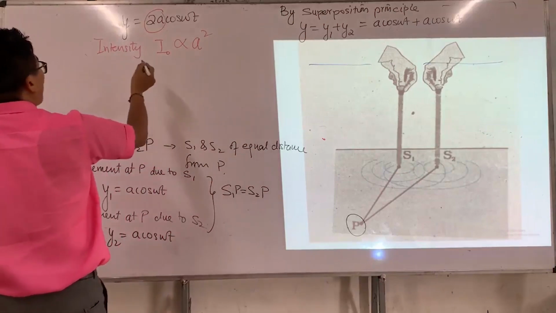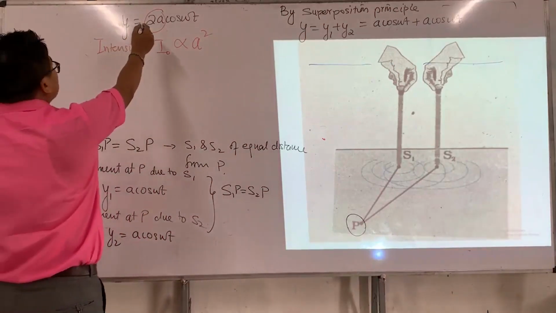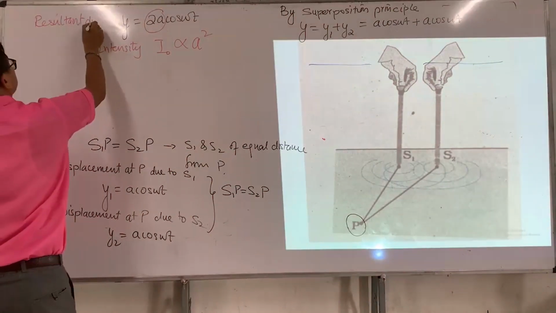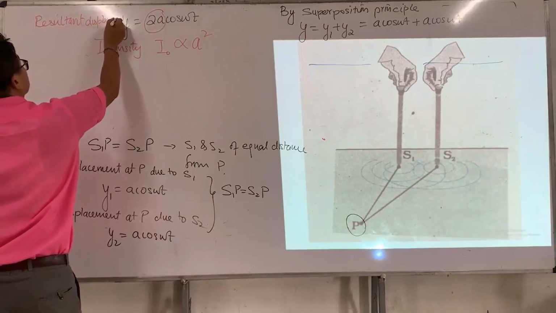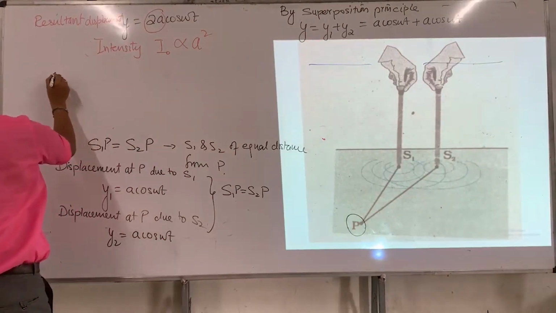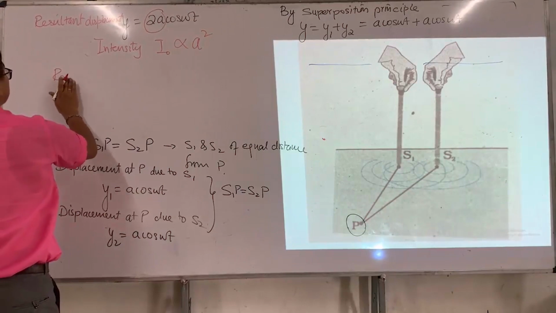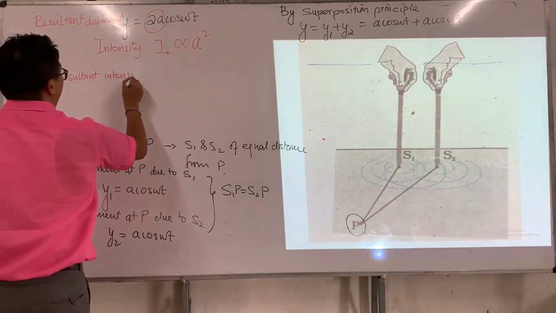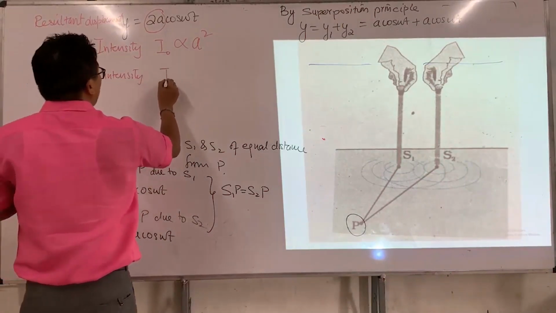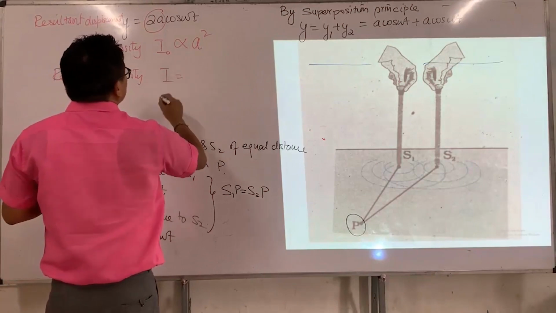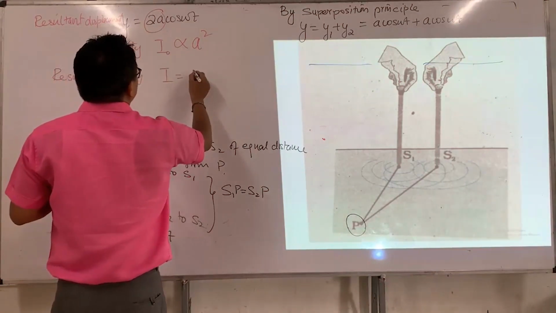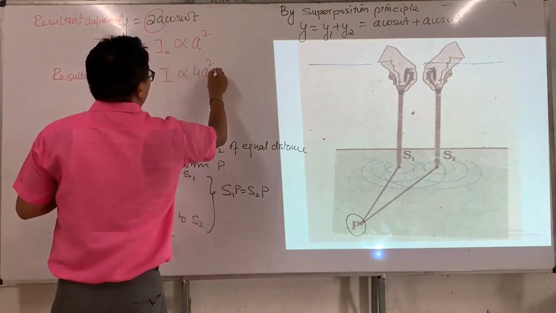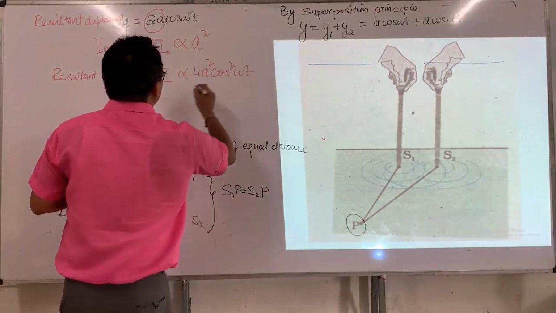Now, what about the resultant amplitude? This is a resultant displacement. And now resultant intensity is going to be I, which is equal to 2a, right? 2a means proportional to 4a square cos square omega t.